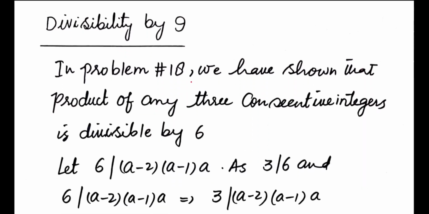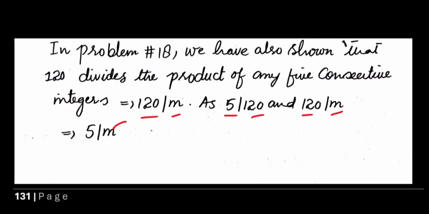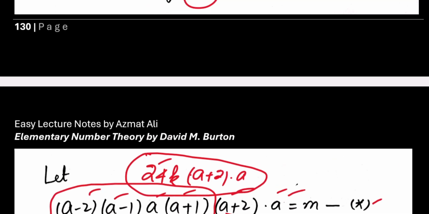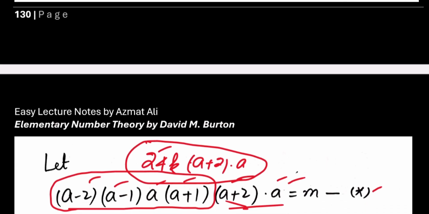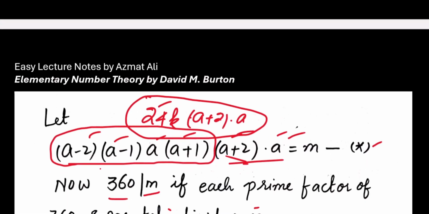In problem number 18, we have also shown that the product of any three consecutive integers is divisible by 6. Suppose the first three consecutive integers are divisible by 6. From this product, this is the product of 6 consecutive integers. We say the product of these three consecutive integers is divisible by 6.